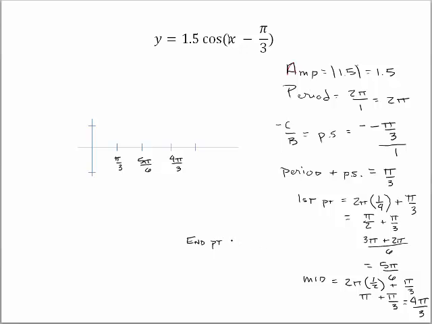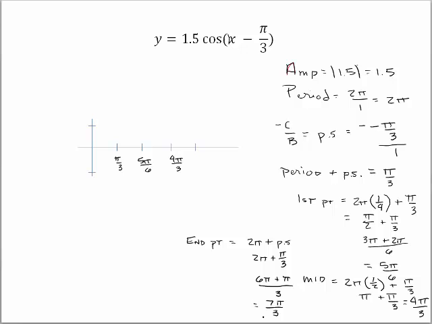That's the period, and our period was 2 pi plus the phase shift. So 2 pi plus pi over 3, that least common denominator thing again, gives us 6 pi plus pi over 3, which equals 7 pi over 3.